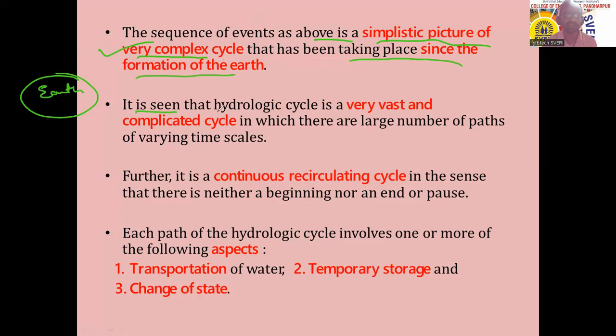It is seen that the hydrological cycle is very vast and complicated. Very vast means a very large portion, and it is a complicated cycle in which there are a large number of paths of varying time scales. See, is evaporation taking place at a constant rate throughout the year? Does it remain at the same rate?